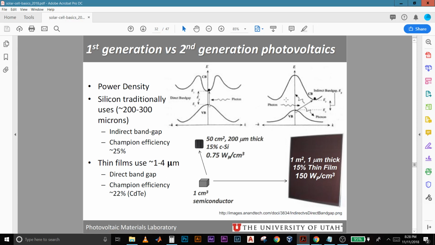Now, why thin films of the same material have direct band gaps over bulk materials is a completely different question, reserved for courses which deal completely with photovoltaics. You can look that up if you're interested, but in the interest of time I'm going to skip this. Just know for the time being that thin films, which are about 1 to 4 microns compared to bulk, which is about 200 to 300 microns, can exploit the case of direct band gaps over indirect band gaps.